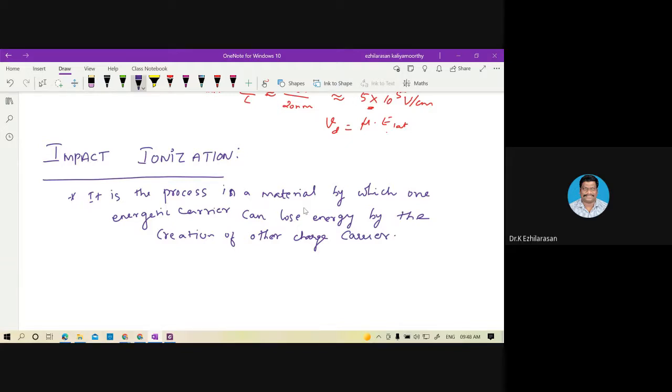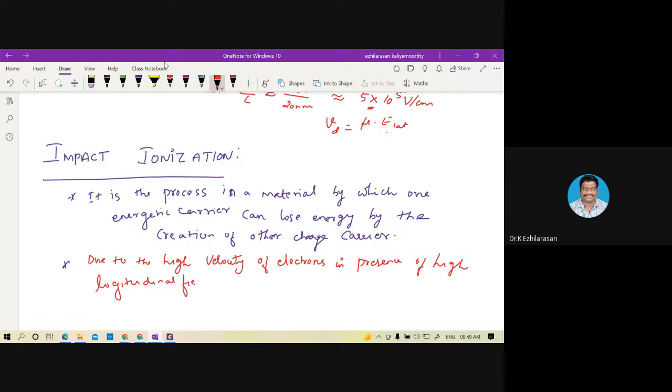So now here, this short channel effect, this impact ionization effect, especially in NMOS, will occur due to the high velocity of electrons in presence of high longitudinal fields that can generate electron hole pair by impact ionization.